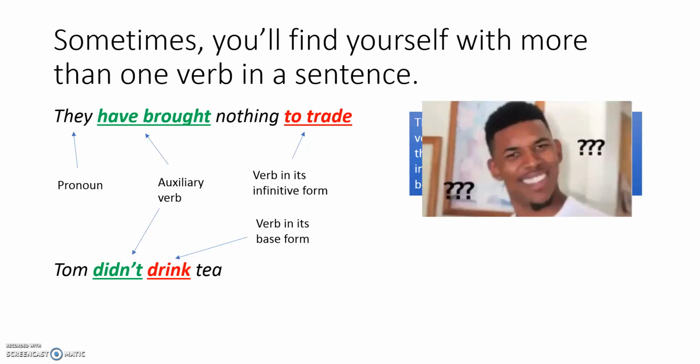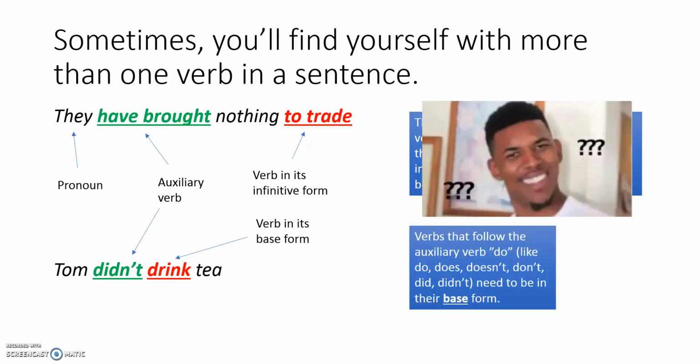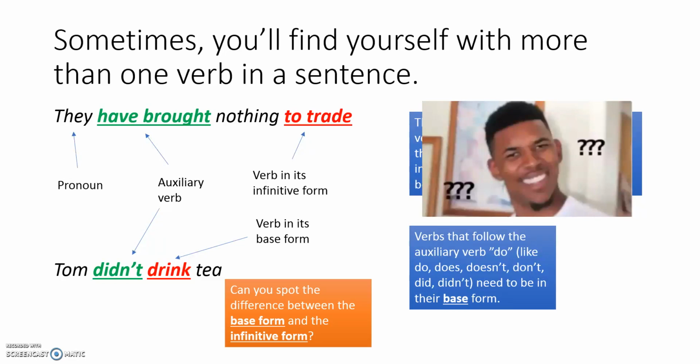Can you see the main difference between the base form and the infinitive form? Pause the video and see if you can find out. Ready? Hopefully you're correct. The infinitive form is always written with a to, in this case to trade, before the verb.